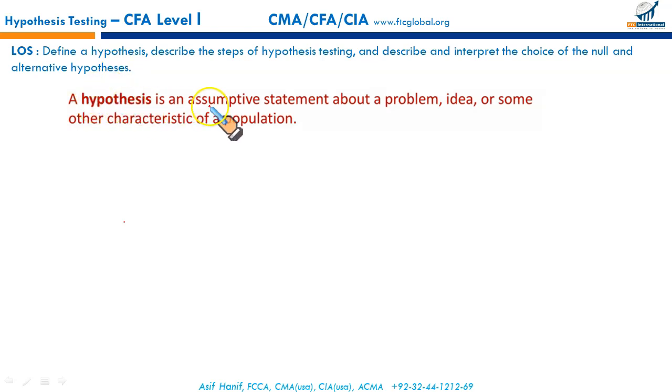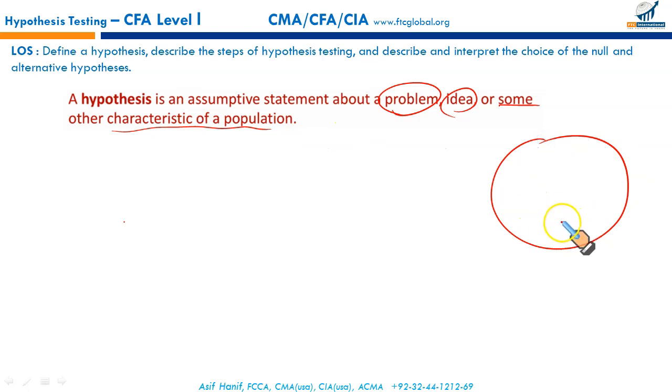A hypothesis is an assumptive statement about a particular problem that is under consideration, about an idea, or maybe some characteristic of the population. Let's say this is the population of 500 stocks. I just want to assume something about this population, and then I want to test whether my assumption is correct or not.